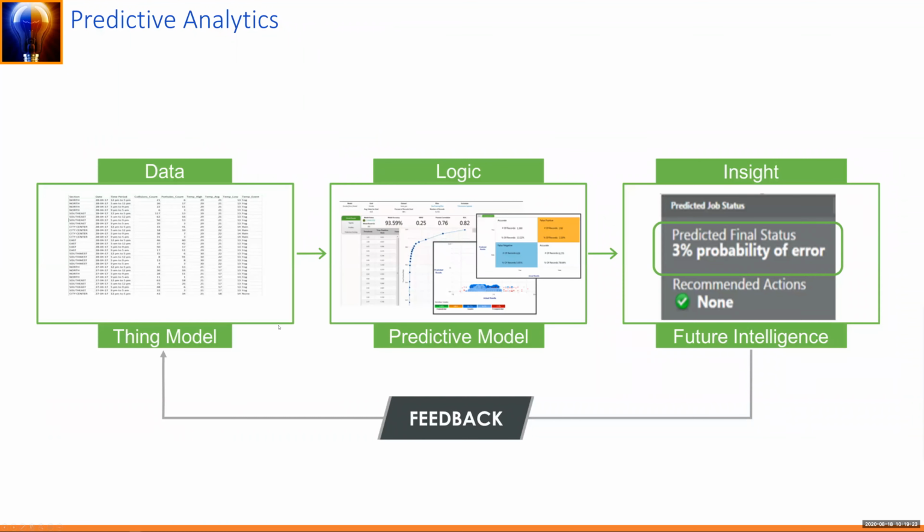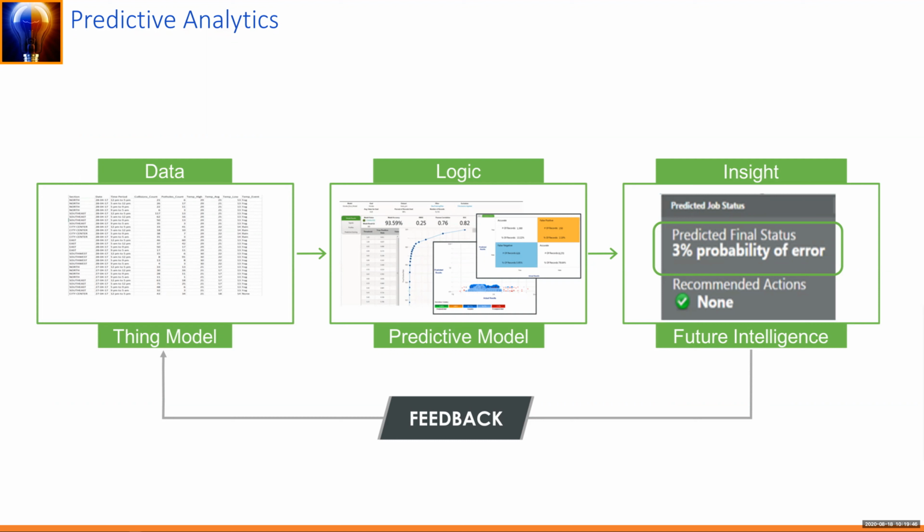So sticking with the predictive for now, we start off with data. We run that through some set of logic, and there's a lot of different algorithms that can be used for analyzing that data and so forth. And from that, we're trying to gain some sort of insight. And then over time, we look at the accuracy of those insights.